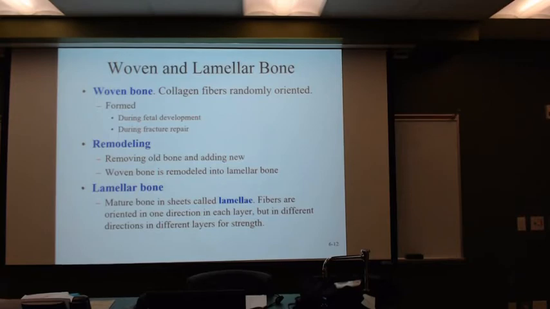What do you kind of think of when you hear that term? Weaving, okay? Think about a basket, because you weave a basket. And so it has that ability to be termed woven, all right? But then when bone gets to the growth that we have, it's termed lamellar, okay? Lamella, all right, circles.